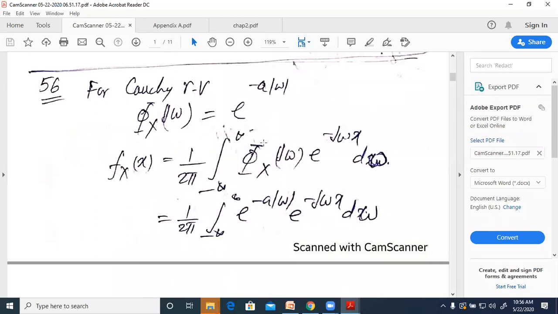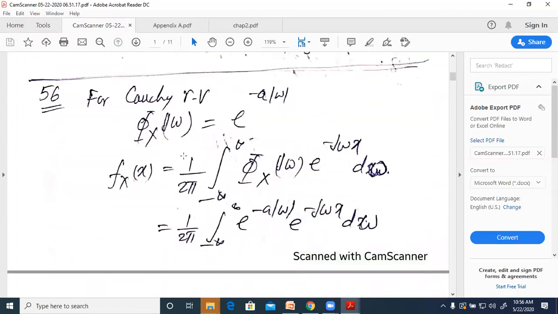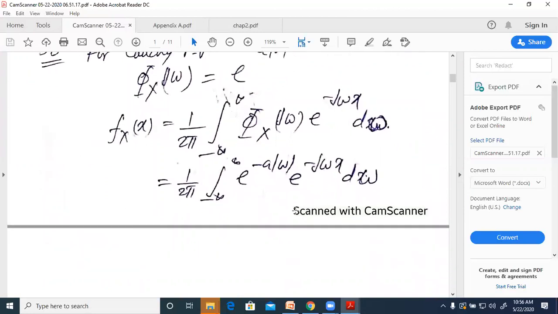And for this we need to replace it by this, that is e to the power of minus a mod omega e to the power of minus j omega x d omega. And that will turn out to be, we need to write, when omega is taking the negative values, then we'll have to write a plus a omega over here, because there we have minus a omega, right?